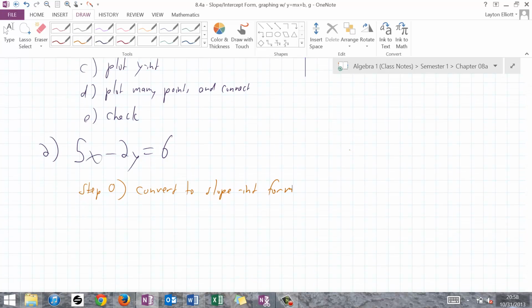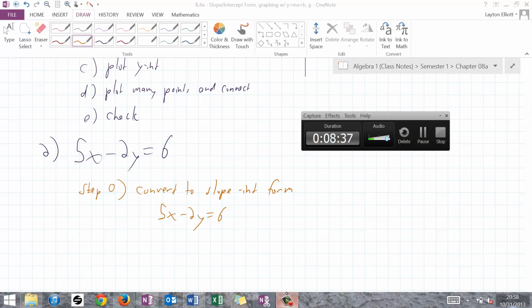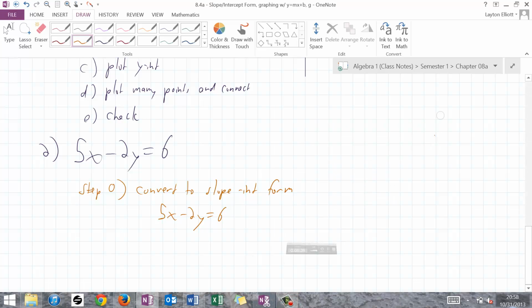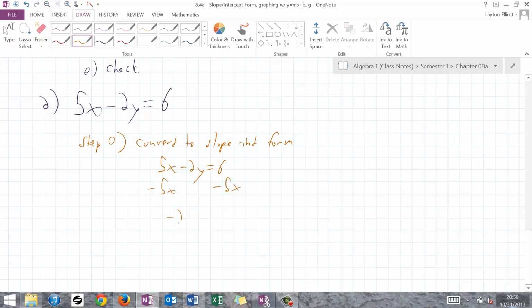So to do that, I'm going to take this original equation, 5x minus 2y equals 6, and I want to get the y by itself. So I'm going to subtract 5x from both sides, giving me -2y is equal to, and I'm going to write the -5x first, -5x plus 6.